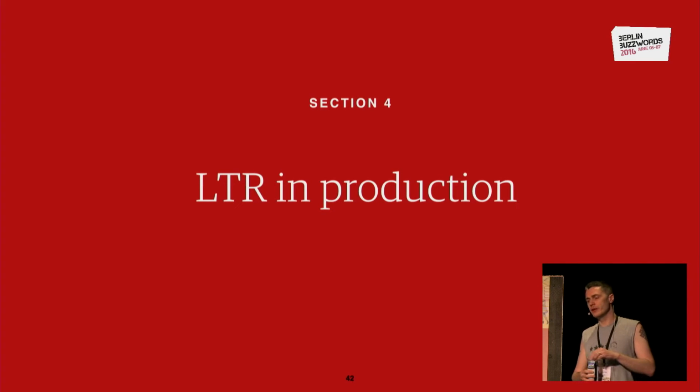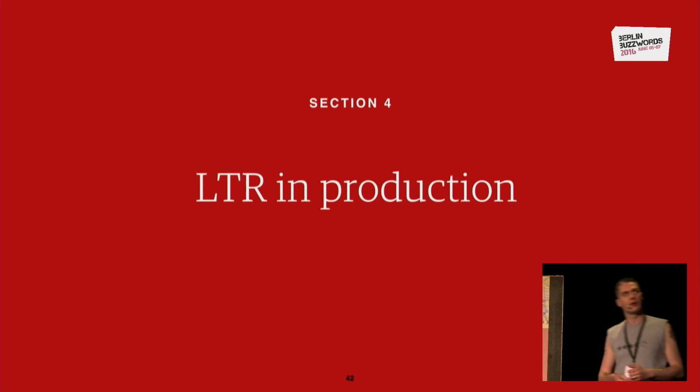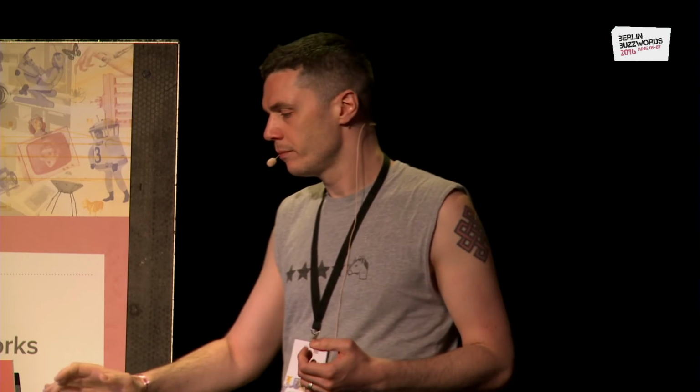Okay, so before we finish, let's talk a bit about some practical issues that you might want to consider if you're using LTR in production. First off, you need to think about when and where to calculate the ranking scores for the items.